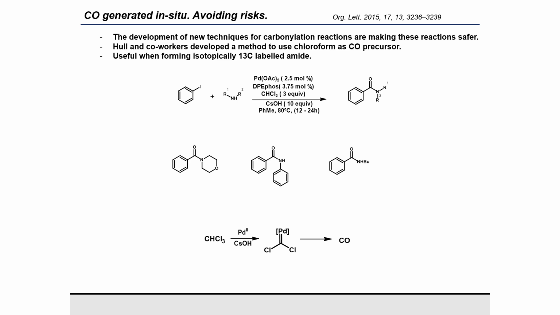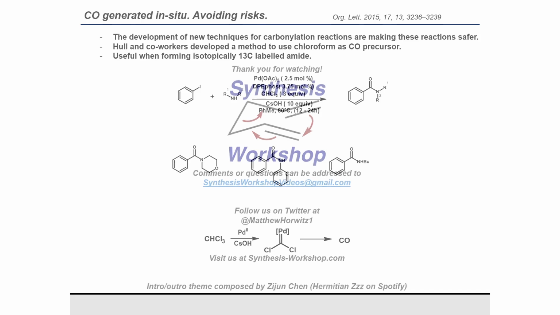So this was basically through the deprotonation of chloroform and alpha elimination leading to the dichlorocarbene, which then will coordinate to palladium and then will decompose to release the CO, the carbon monoxide. But this is important: this method is only applicable for palladium-catalyzed aminocarbonylations.